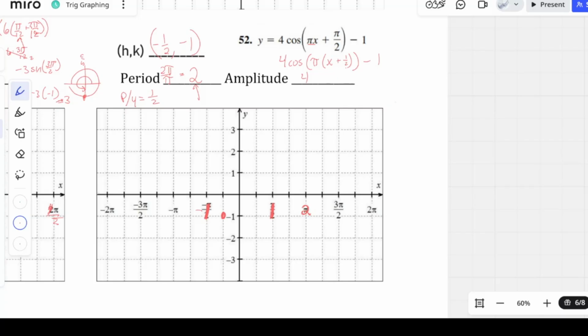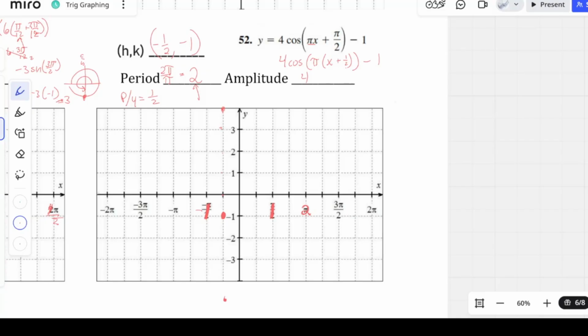Up in amplitude, down in amplitude. 1, 2, 3, 4. I'm off the grid. I think I'll just go with it. I could change the scale on the y-axis too. But I've already drawn this point, so maybe I'm just going to go off the grid. Okay. And then right by 1 period.